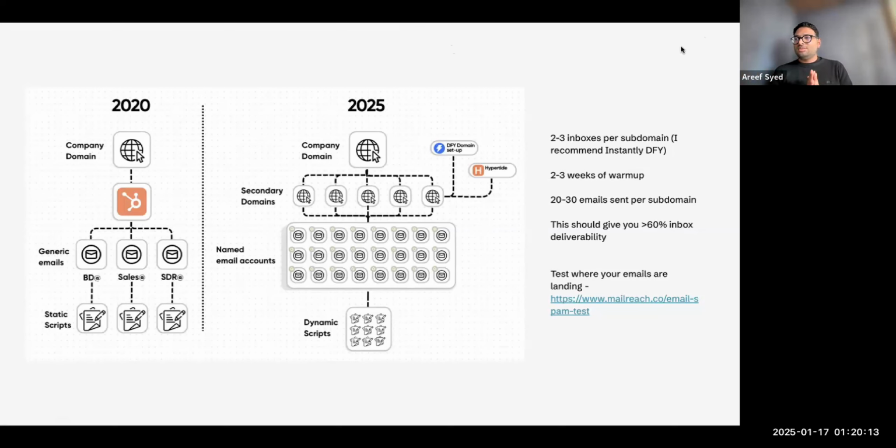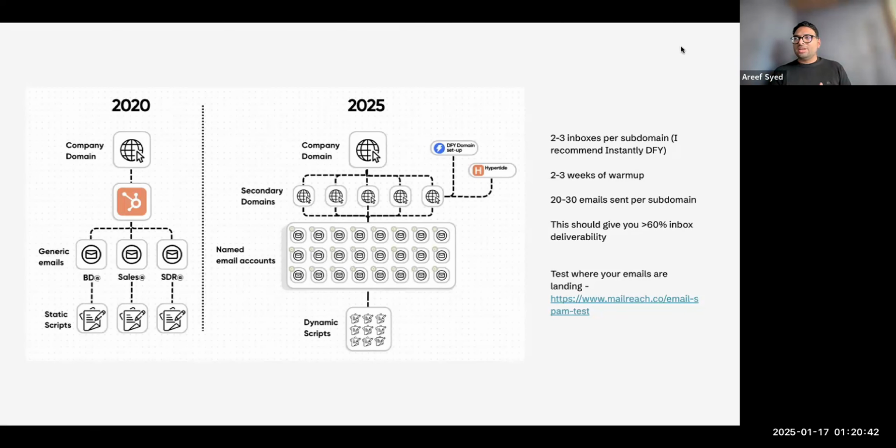You will have hundreds of subdomains. For example, Getware. So getware.com is the primary domain, and you have multiple subdomains like use Getware, or try Getware, that you can use to send these emails, so that when someone marks your email as spam, your primary domain will not have any impact.